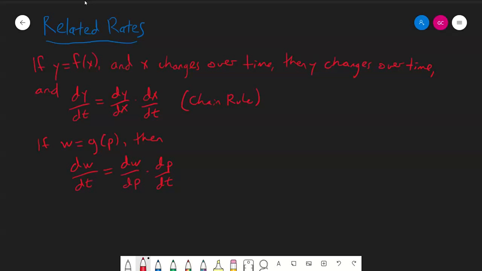Okay, so that's the basic idea behind a related rates problem. Let me look at sort of a typical example. So let's suppose that, say, a circle is growing over time.